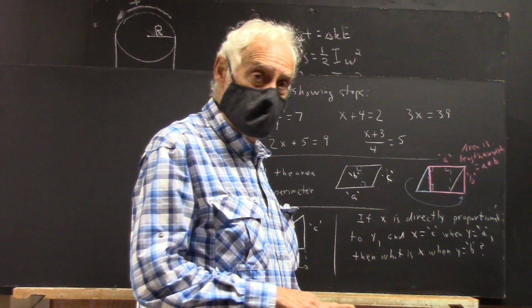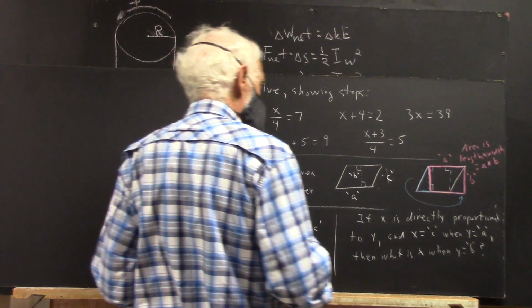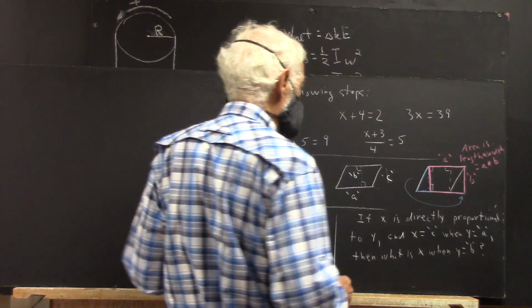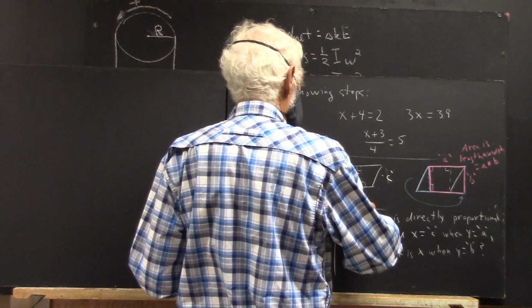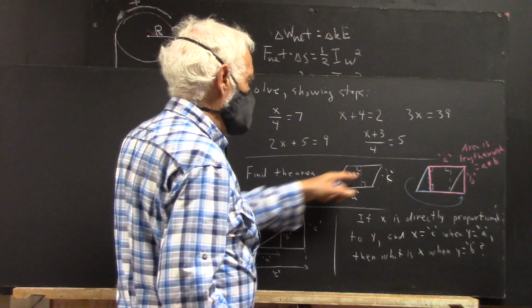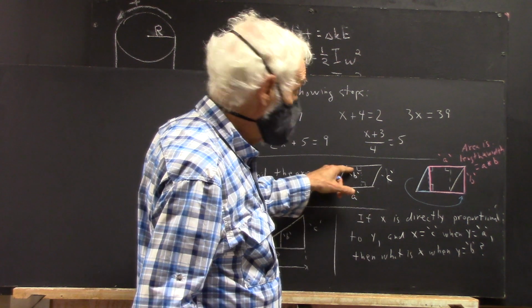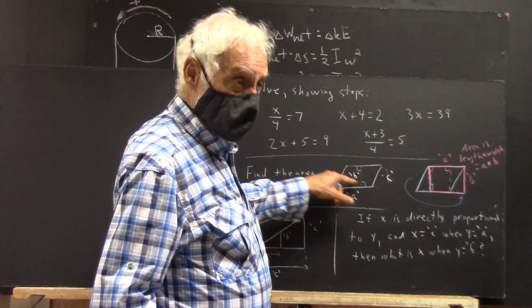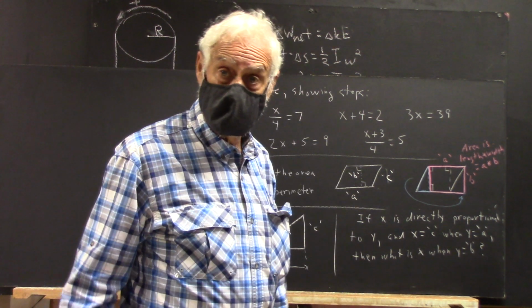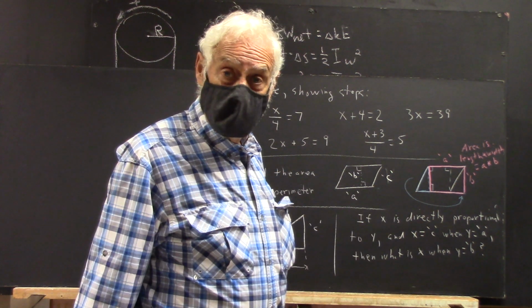Since I saw half of this on at least one paper, I think a couple, that's worth storing away. Because, of course, if I cut this thing in half from this point to this point, I've got a triangle. It has half of the area of the parallelogram, and that's where the one-half base times height comes from. It's not some mystery that was handed down on a stone tablet.